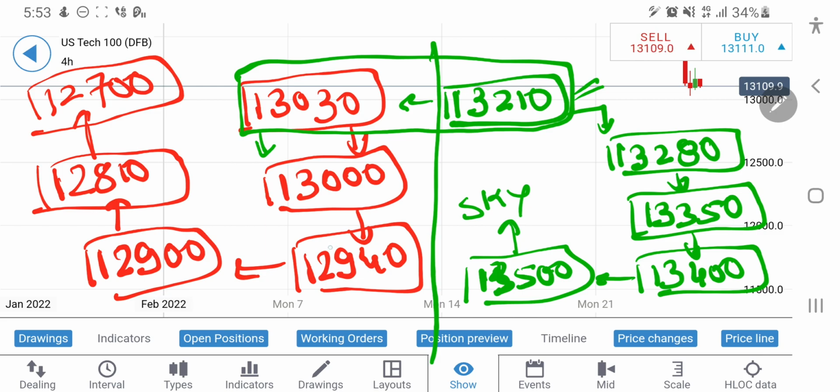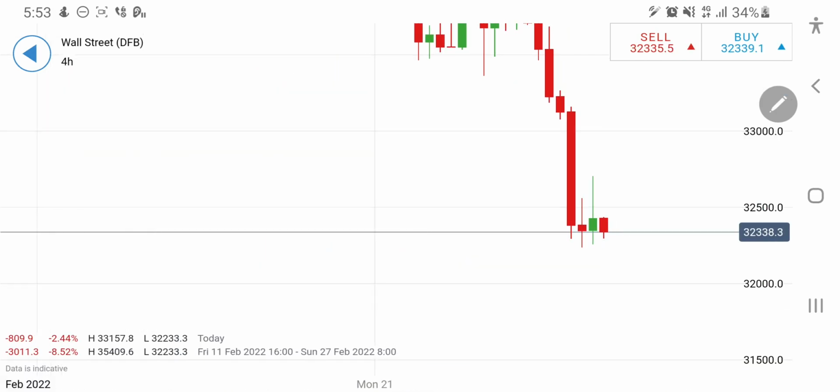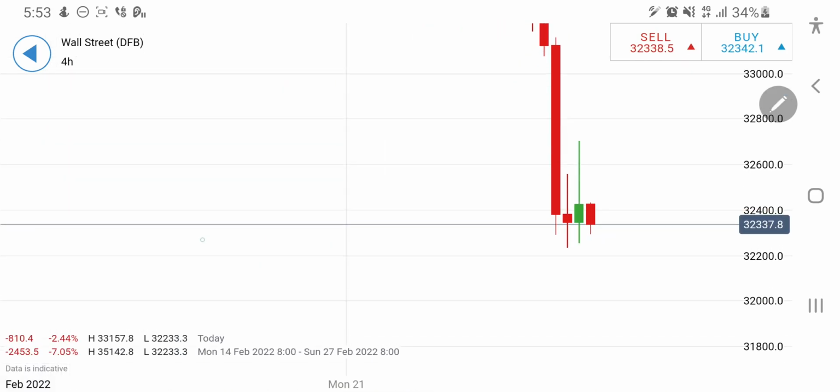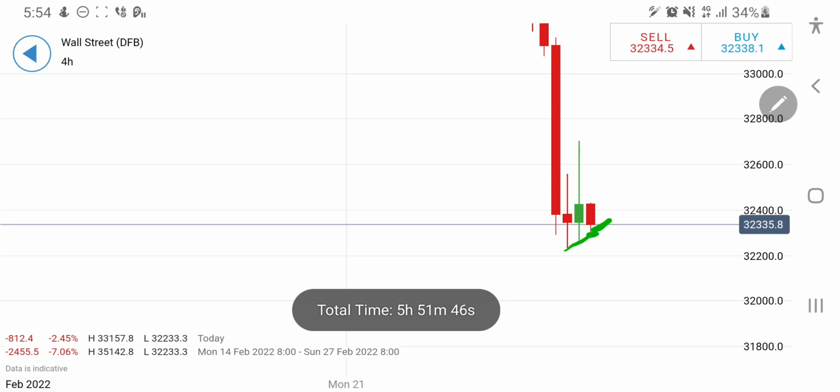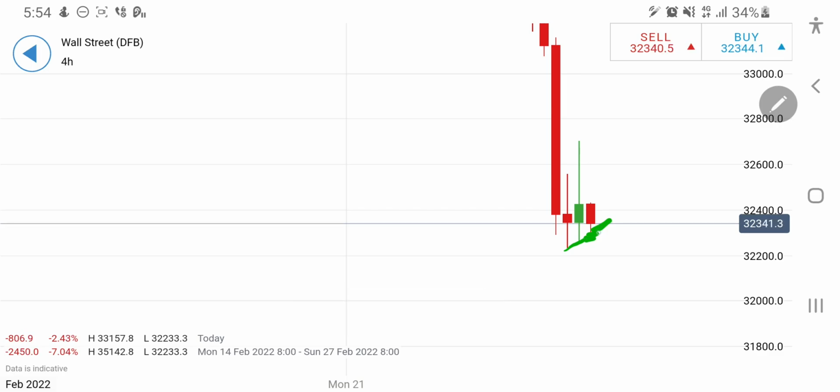Now let's have a look at US30. See, what we saw on US100 and what we are seeing on US30 is almost the same. Lower highs, and if it sustains this zone at 32,300, rather I will say 32,280 this time. If it continues to sustain above 32,280, you can expect it to rise.